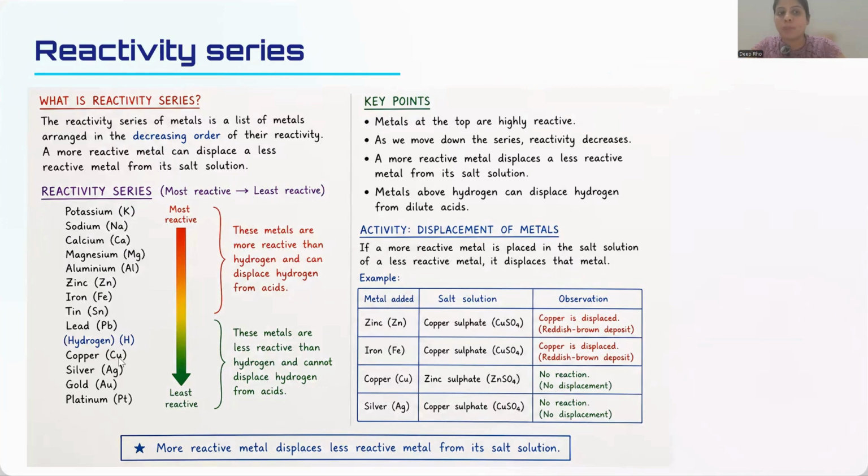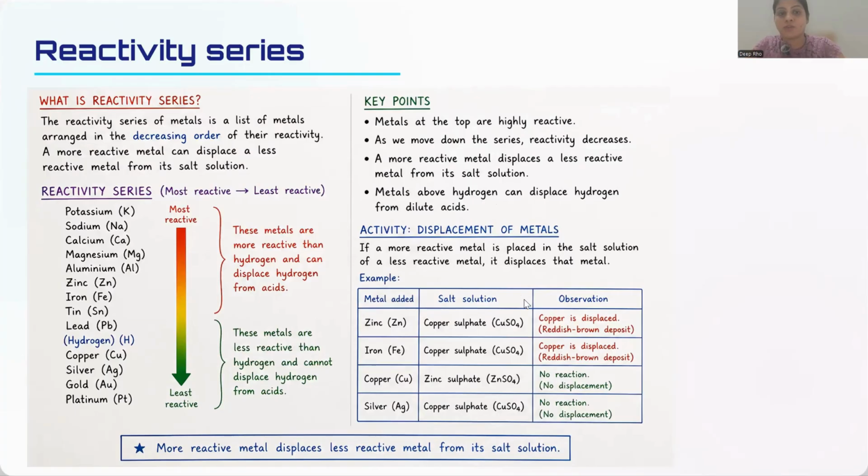Below hydrogen, copper, silver, gold, platinum are least reactive. So a more reactive metal will displace a less reactive one from its solution. Metals at the top are highly reactive, and downward are less reactive. So metals above hydrogen can displace hydrogen from dilute acid too.